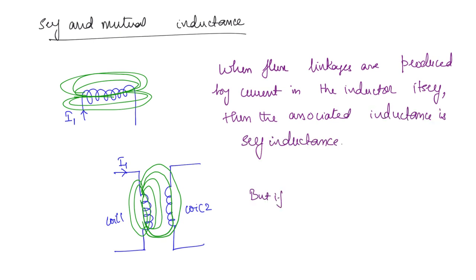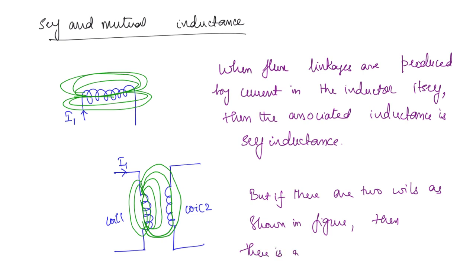But if there are two coils as shown in the figure, then what is going to happen? There is a magnetic interaction, right? The magnetic flux of one coil is being linked to the other coil. Okay. Then there is a magnetic interaction between the two.